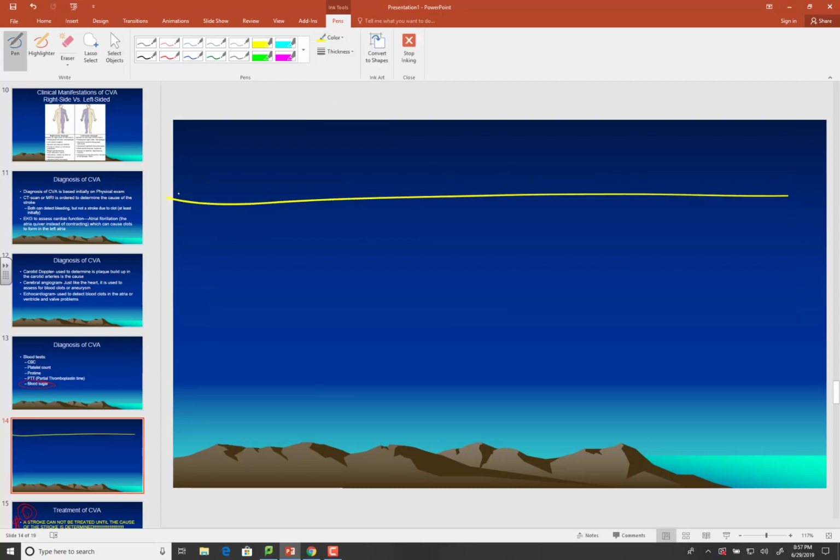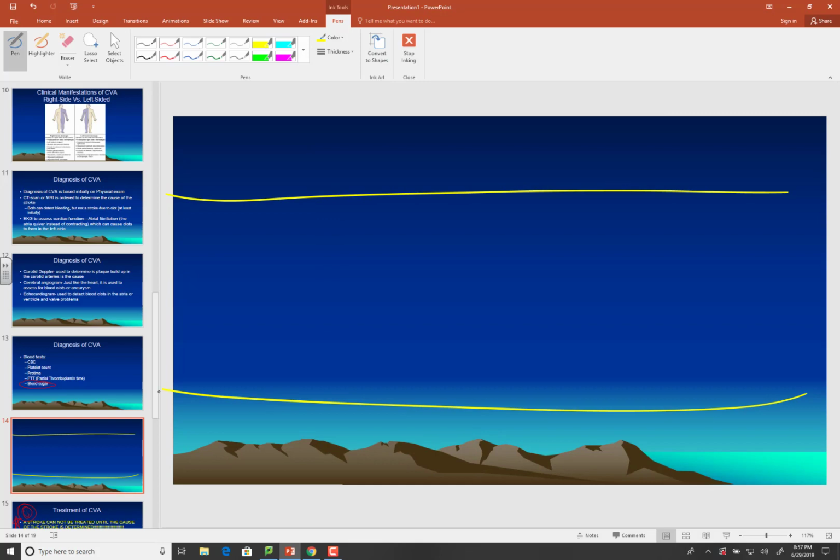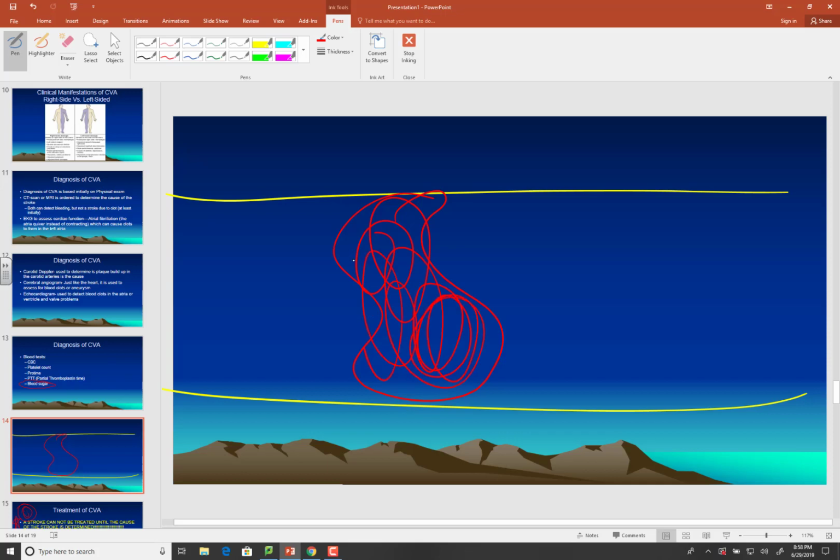You got a blood vessel. If a blood clot forms here, that's a blood clot floating around in your blood.